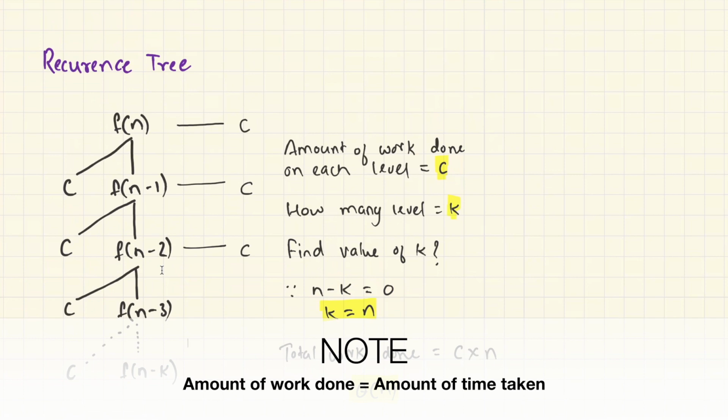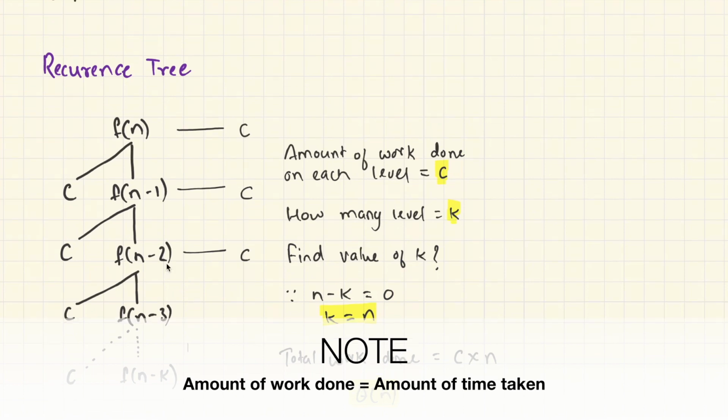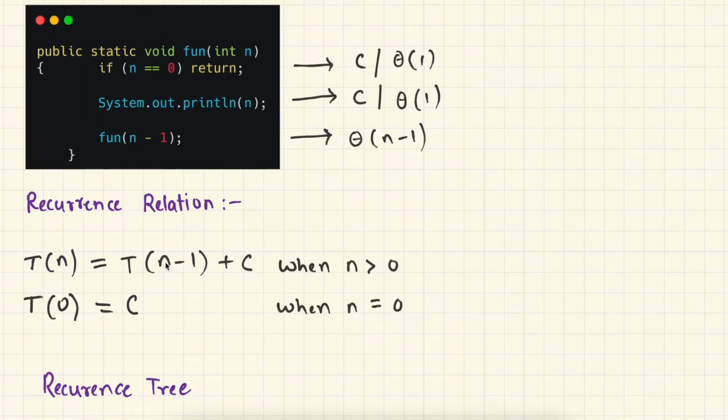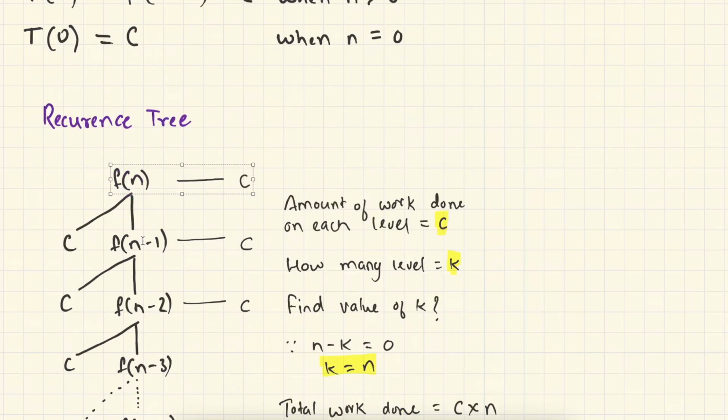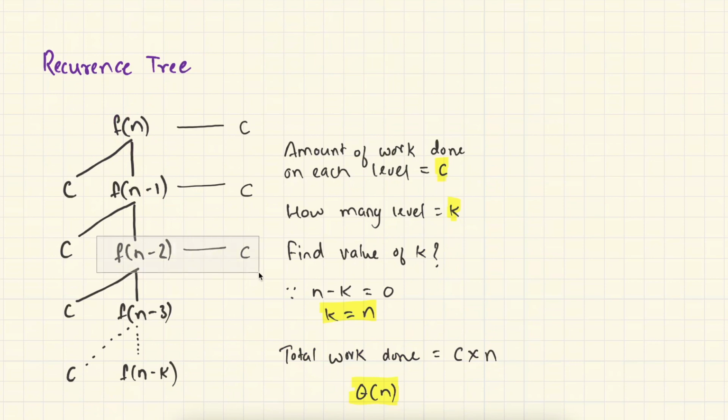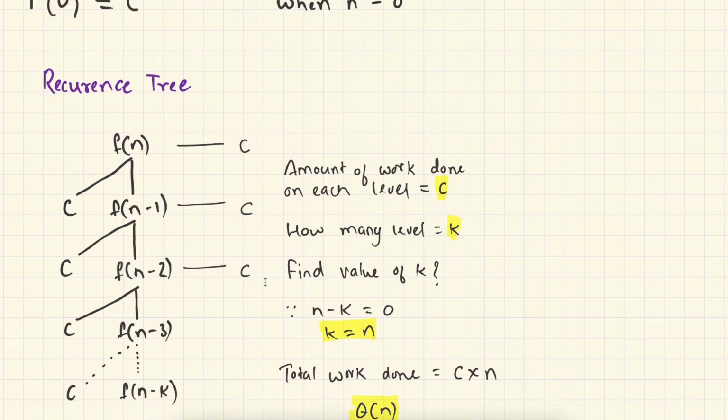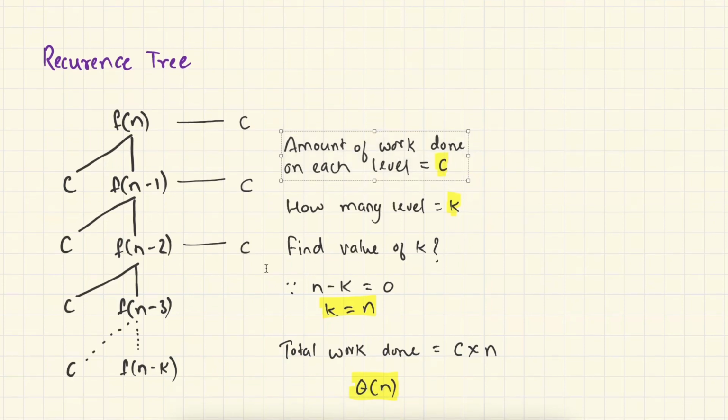Now let's calculate the amount of work we are doing at each level. If you look at this program, at each recursive call we are doing a constant amount of work. So at this level we are doing a constant amount of work, at this level also, and at this level also. So the amount of work done on each level is going to be a constant, right? Now the question is, how many levels are we going to have for this recursive call?